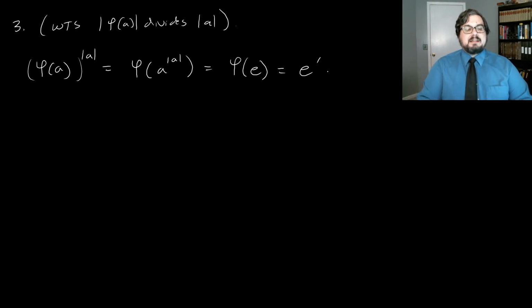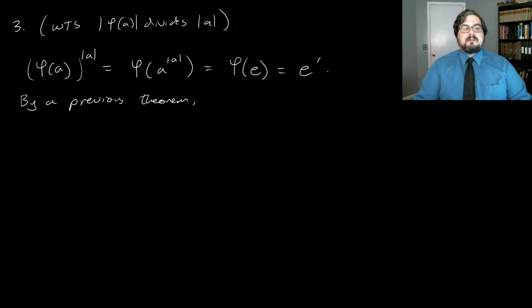So now we have that the element phi of A, when raised to this power, the order of A, gives us the identity. So by a previous theorem, which I don't have at hand, we know that if an element raised to a power gives us the identity, that tells us that the order of the element has to divide that power.